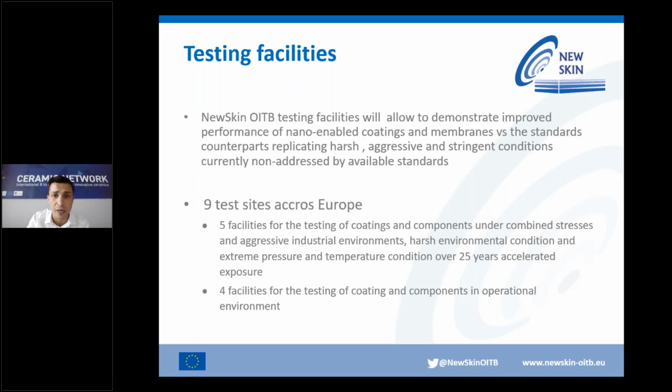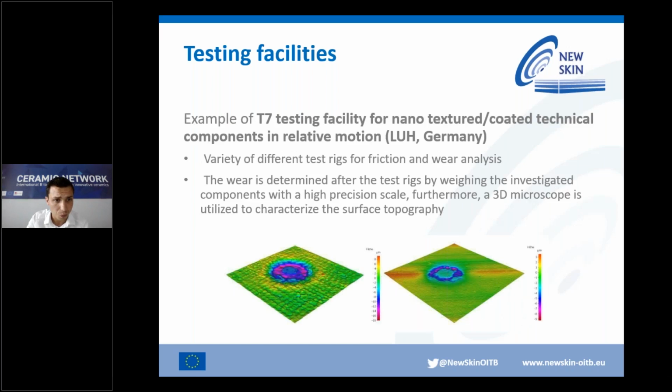So this is just to replicate what we can find in the environment. And we have also 4 facilities for the testing of coating and components in operational environment. I will not present in detail the testing facilities again.